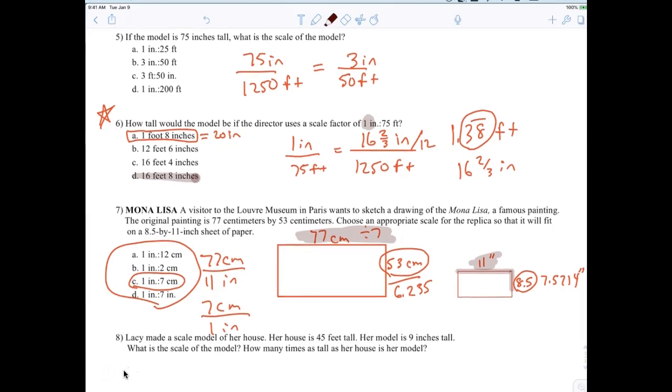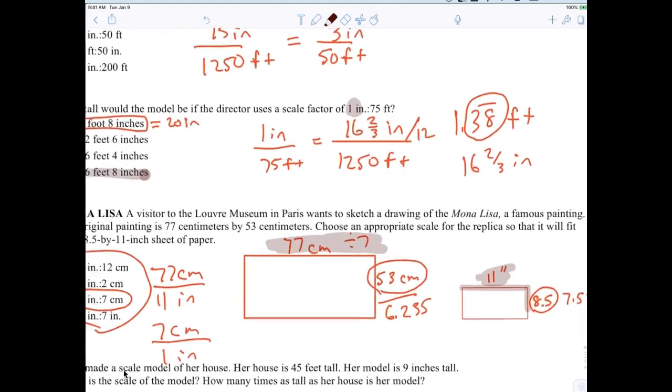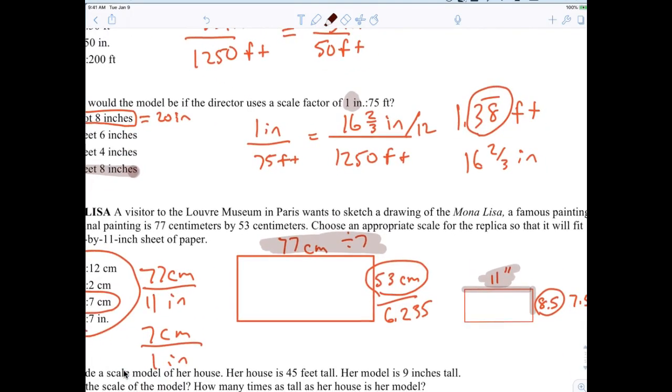Yeah, but I think it would have been better if they would have said the scale is 1 to 75. Right? Not have the inches to feet. But yeah, you need to. Then that would be the same. Do you agree? Yeah, you need to change it so that it's... Right. Does everybody see that now? I think the mistake is not in this problem right here, but the fact that they have what?